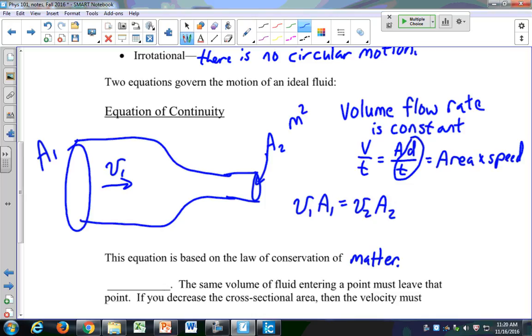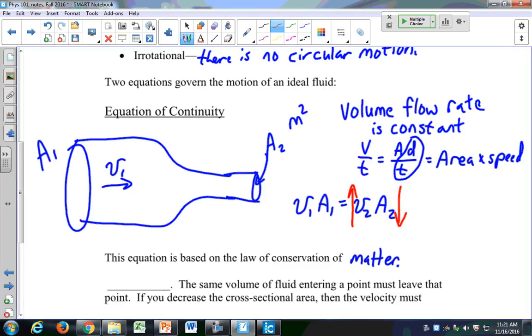Now what's going to happen when this pipe gets big to small, when it goes from big to small? With the fluid here, will it flow faster, slower, or the same speed as what it was here? Faster, slower, or the same speed here? It's going to go faster, because when A2 decreases, that means v2 has to increase in order to keep our volume flow rate constant.